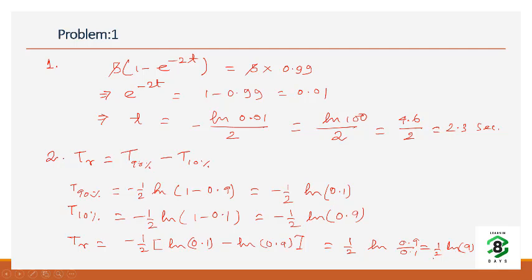Now log 9 is approximately 2.2 by 2 is equal to 1.1 second.